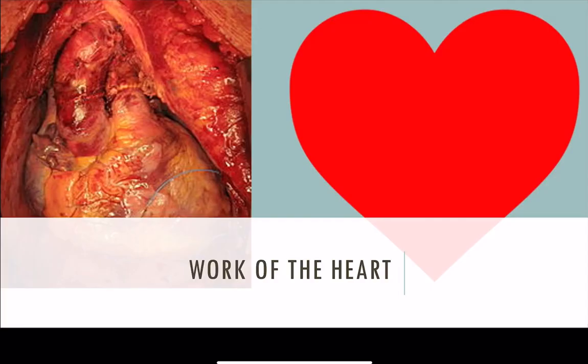So let's tie it all back together and discuss it in relation to the work of the heart. As it says in your notes, with training, we can maximize the heart's performance. The heart will perform better at maximal intensities after training. It's going to have improved blood delivery to the heart, which means that we're going to be able to increase the oxygen delivery.